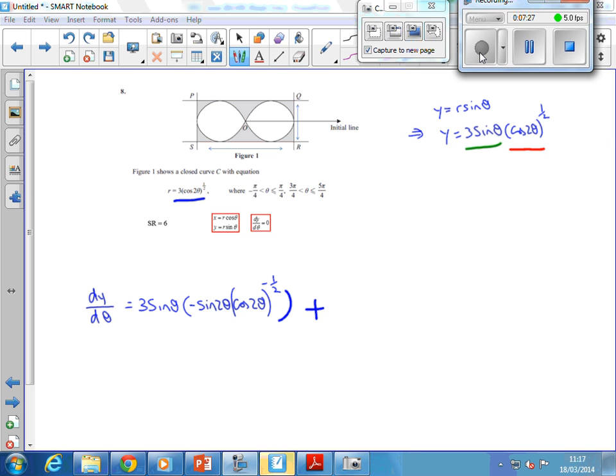Plus v du by dx. Now the derivative of sine theta is simply cos theta. So v du by dx is simply 3 cos theta times cos 2 theta to the power of a half.